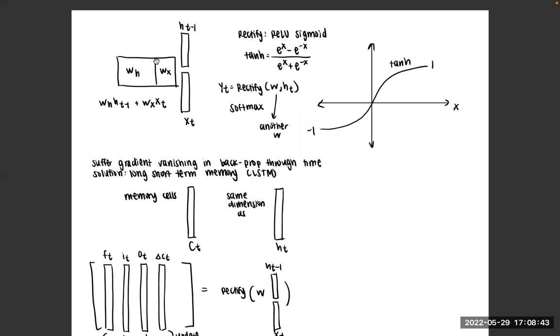Supposedly, this dimension should be the same as this dimension, so that you can perform matrix vector multiplication. This is plotted in a non-proportional way, but it's okay. So this matrix multiplication can be written as WH times HT minus 1 plus WX times XT.